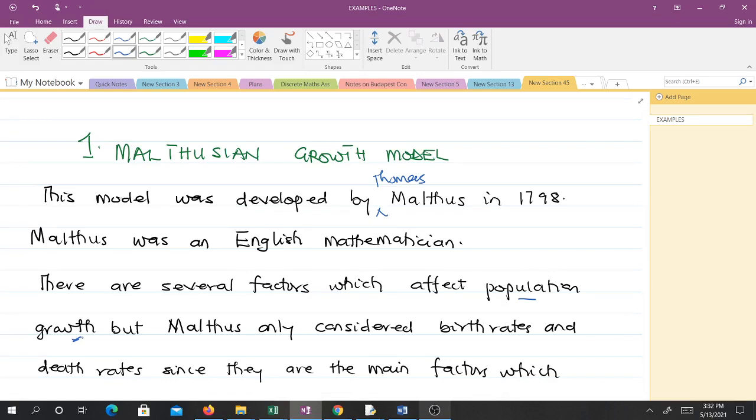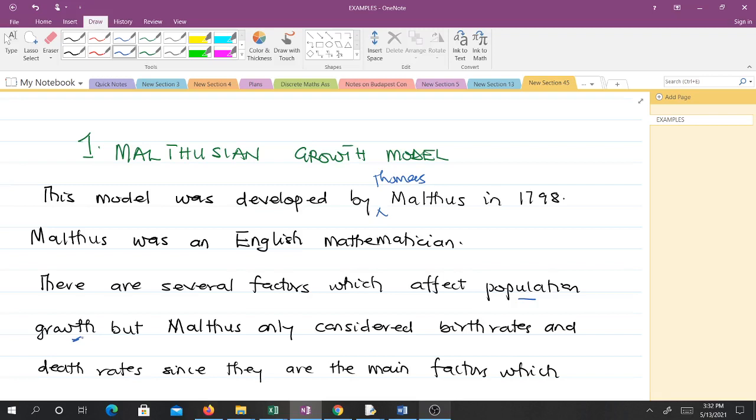And we can also talk about death rate. When the number of people who die is more than those being born, then the population is going to decline.